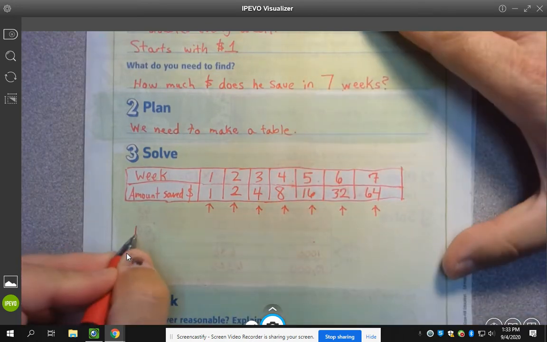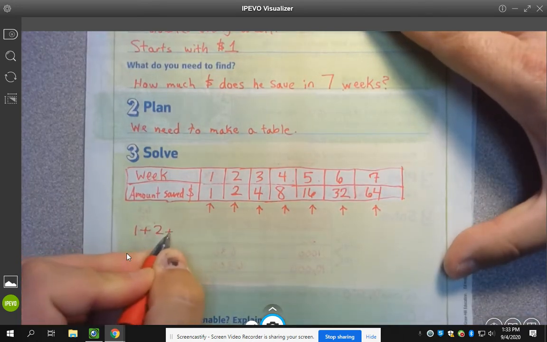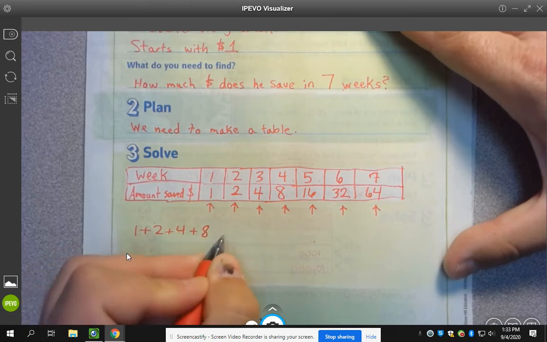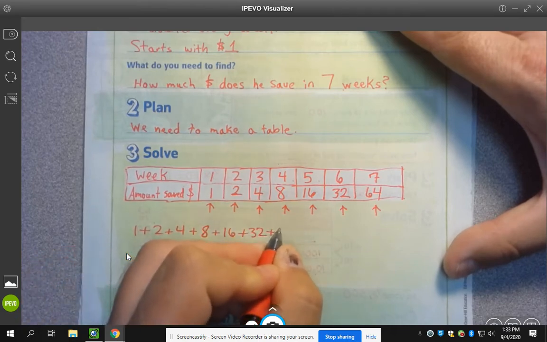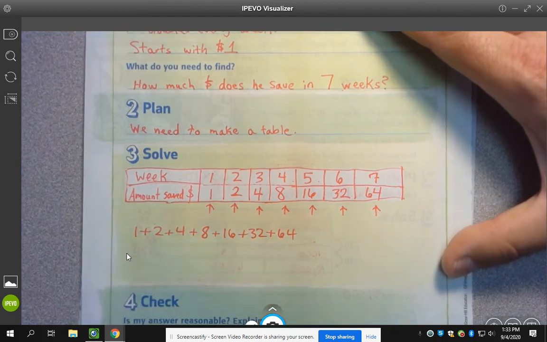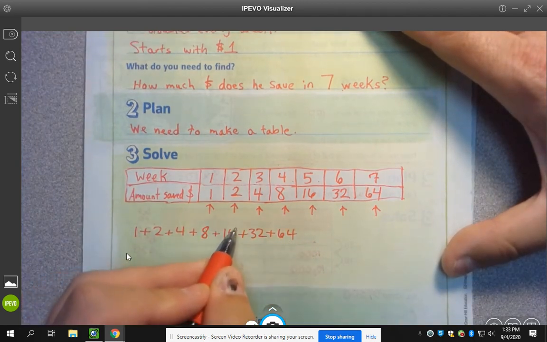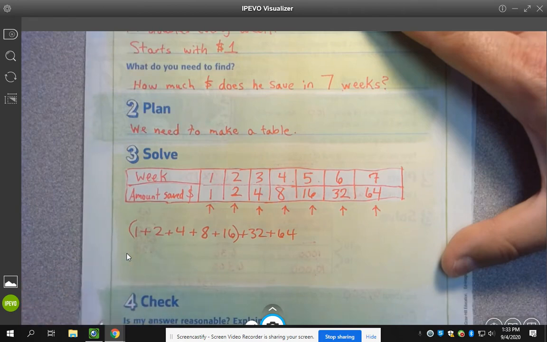So we can do 1 plus 2 plus 4 plus 8 plus 16 plus 32 plus 64. Well, we can probably do these right here fairly simple. Can anybody tell me what those equal?